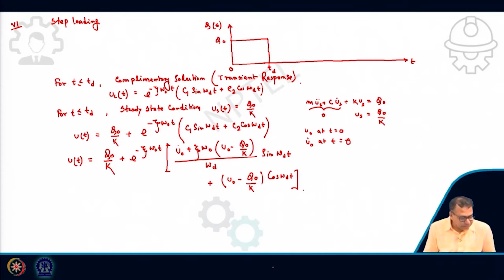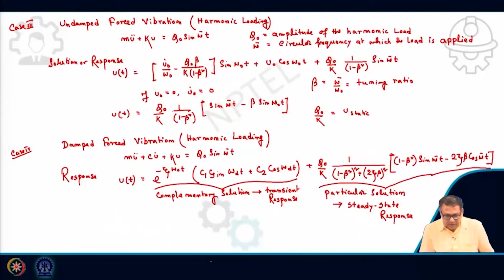Within the loaded region the situation is damped forced vibration. Damped forced vibration has two parts: the particular solution and the complementary solution, or transient response. That is why I am getting this.